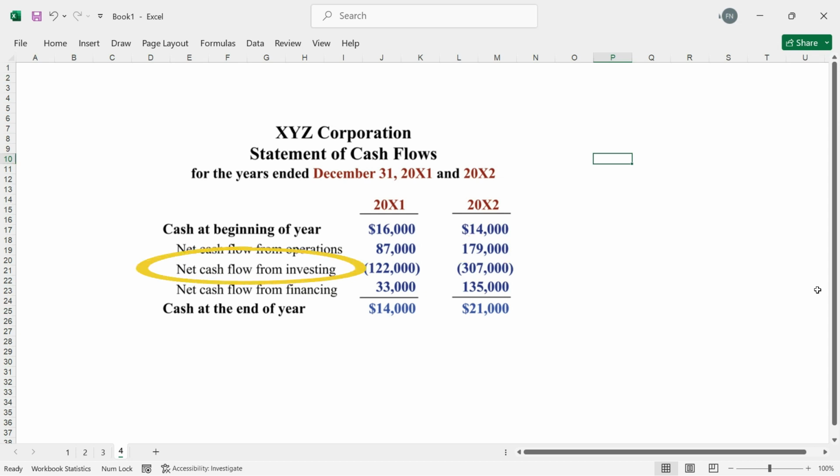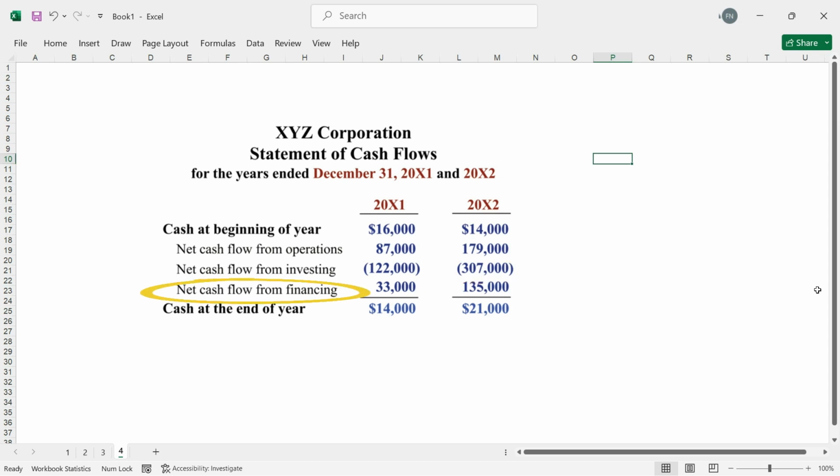We also took some of that cash and invested in additional buildings and land and equipment that provide for longer-term services or operations of our business. And so this investing in longer-term assets apparently amounted to, in the year 20X2, about $377,000, for which we used cash to buy some of these resources.